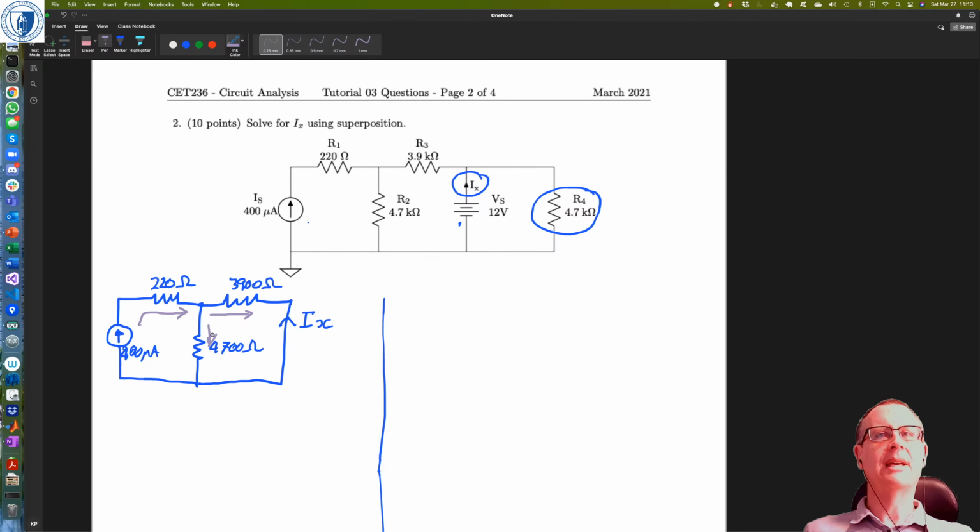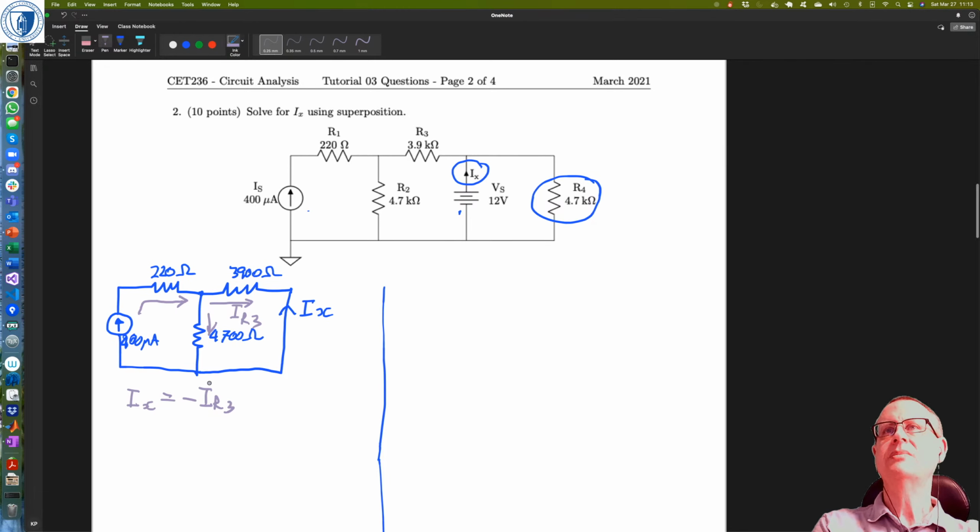So the value I get for IX is going to have to be negated. Or rather, the value I get for the purple current through the 3900 ohm resistor is going to have to be negated. But I'm going to do it that way, right? So IR3, and all we need to know is that IX equals minus IR3.